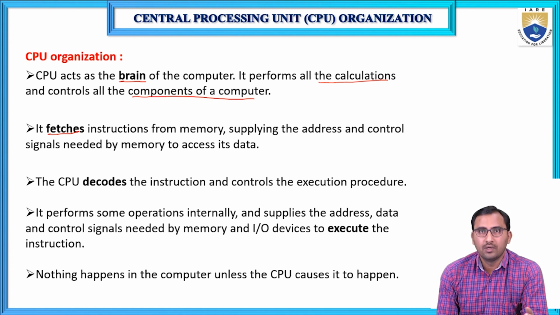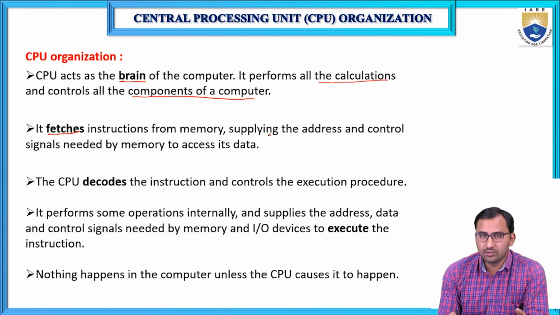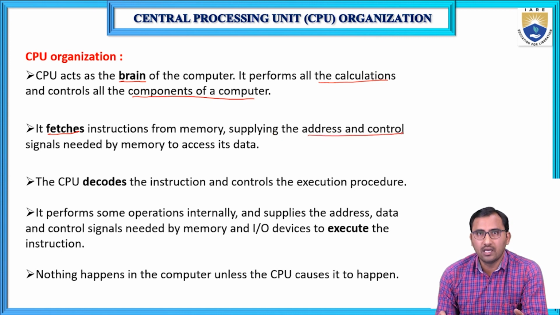A program is a set of instructions, and it is stored in the memory, so the instructions are fetched from the memory. The CPU also supplies the address and control signals needed by the memory.